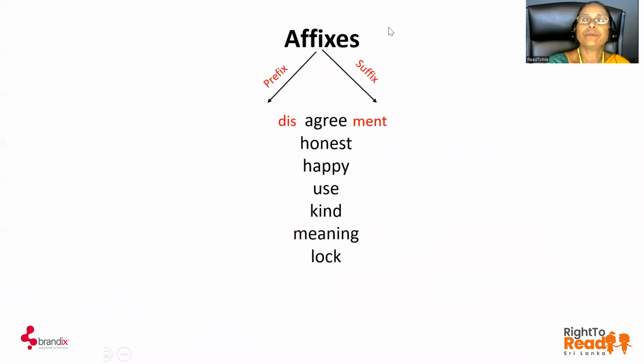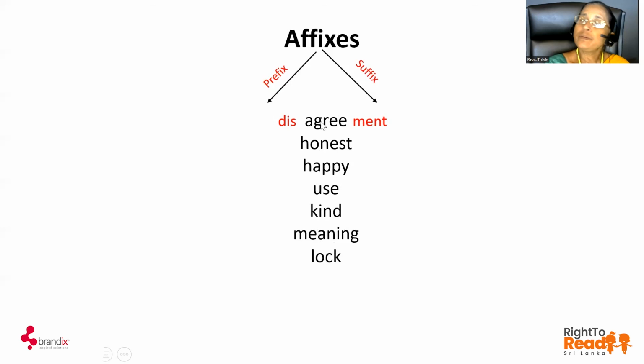Just for today, you learned affixes, that are prefixes and suffixes that you add in front of a word and at the end of the word. There you can prepare a new word. Agree, disagreement. Now you are given these words: honest, happy, use, kind, meaning, lock.